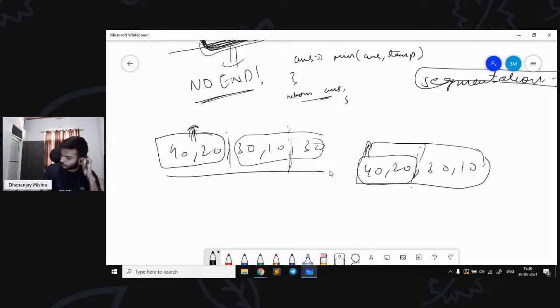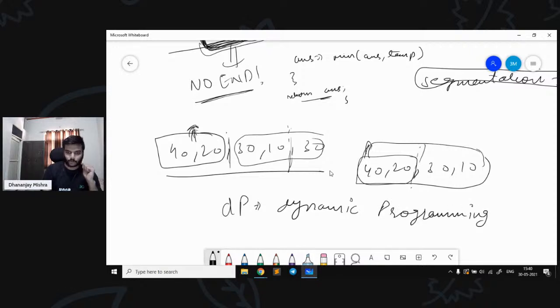That's why the concept of dynamic programming comes into the game. As we are having repetitive problems, we can store the answers for those sub problems and use them in the future. Because we had computed this answer, and for this partition we had this matrix 40, 20, and if I do a partition here I get a subarray.